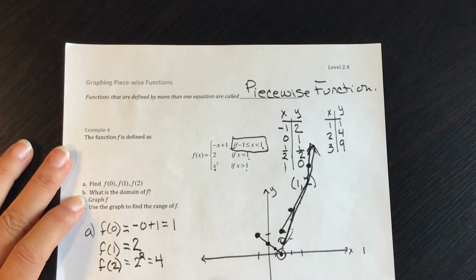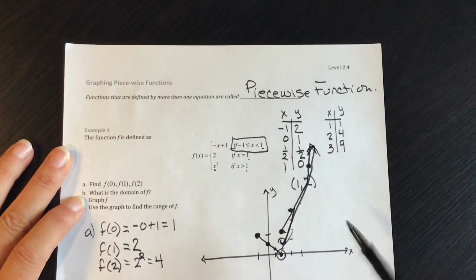So for my domain, my x values have to be greater than or equal to -1. I don't have anything over here that's to the left of -1.